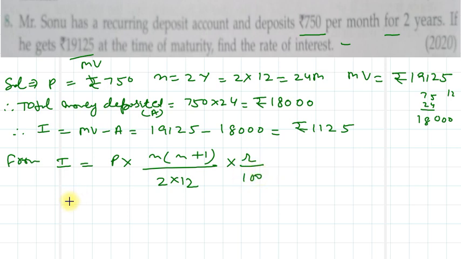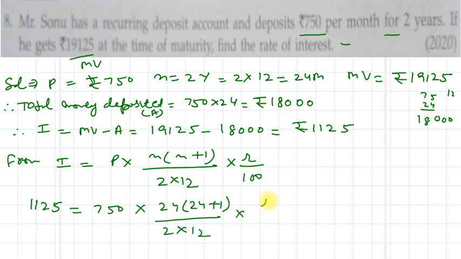So interest we have calculated 1125, principal is 750, n 24 plus 1 2 into 12 upon 100. This got, so 575 ja 515 ja 75, 5 2 ja 2, 12 ja, and this got cancelled with this.